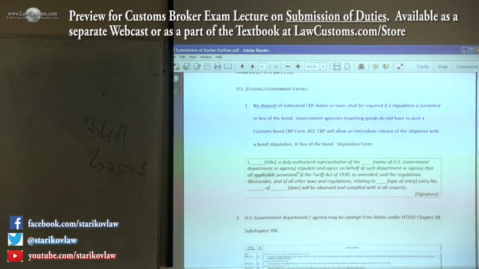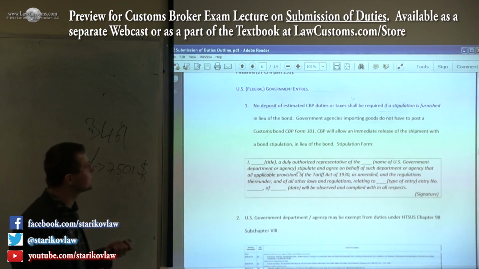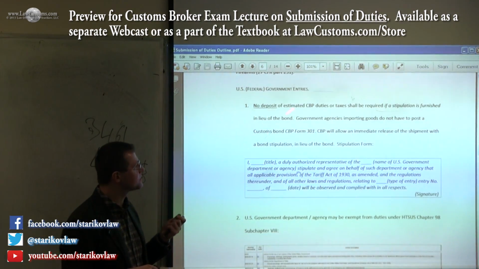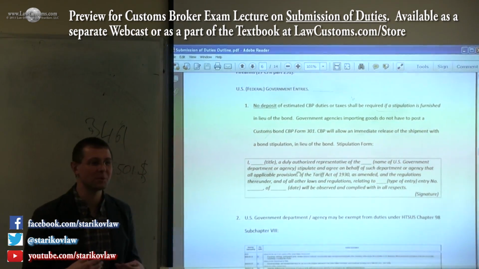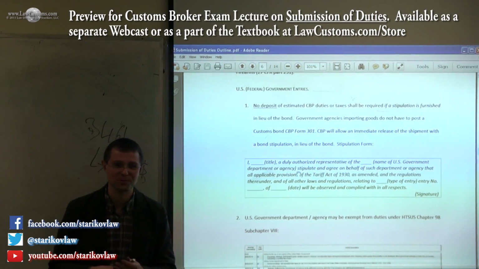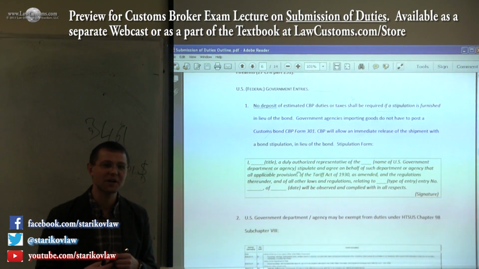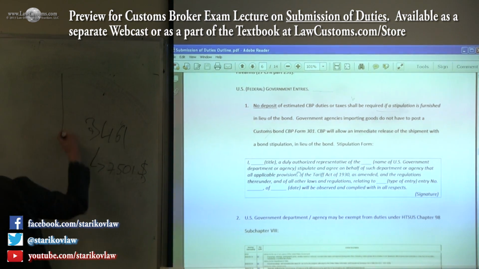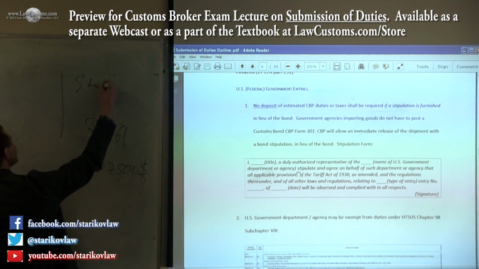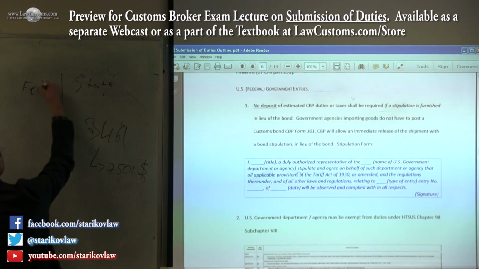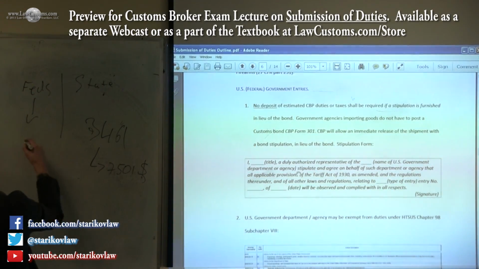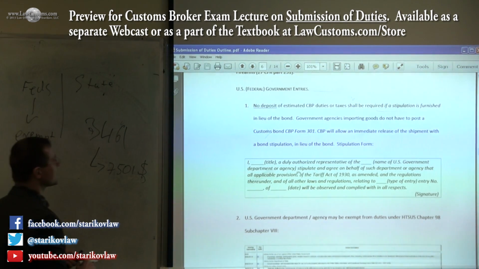All right, what about US federal government entries? Remember the stipulation we talked about? Remember, we talked about government entries before. What did we say about government entries? Remember when I drew this line, state, federal, and federal is sometimes exempt, sometimes not.